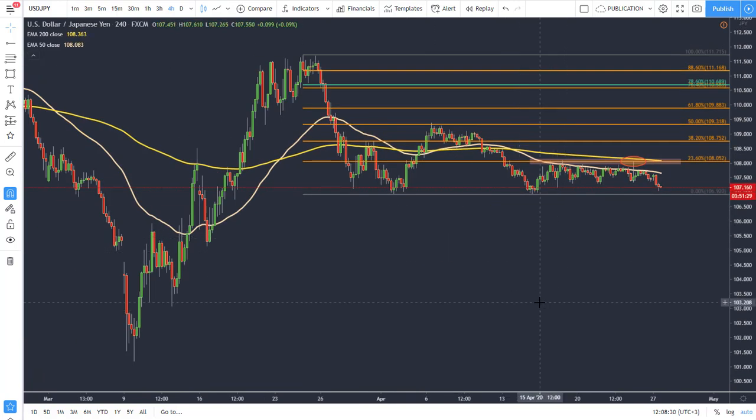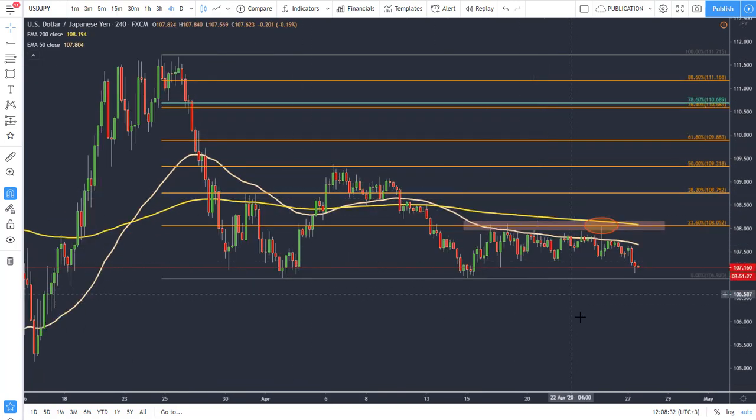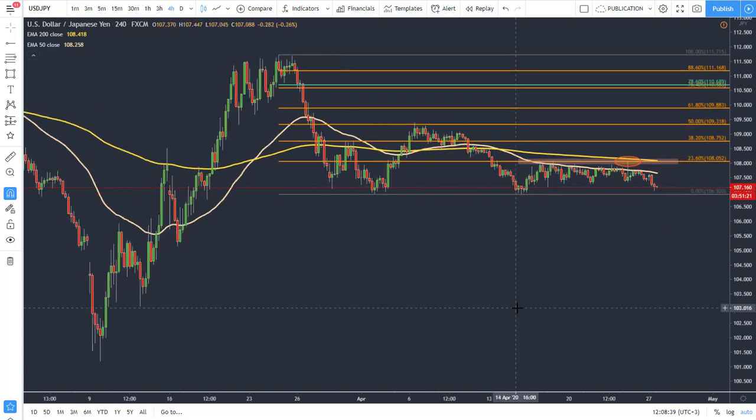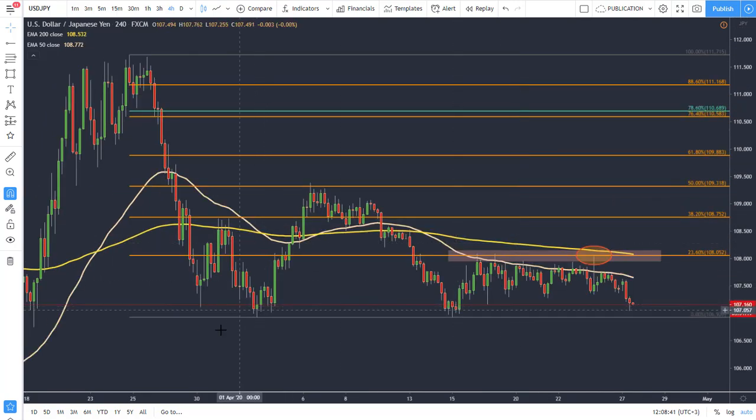The dollar Japanese yen, the final pair we will look at, seems extremely bearish. It's probably the most bearish pair of all we discussed today. What I do like is this clean bounce off the 23.6 Fibonacci level. This is a very strong indication of bears dominating the market. Besides, we see the bounce off the 50 exponential moving average right there.